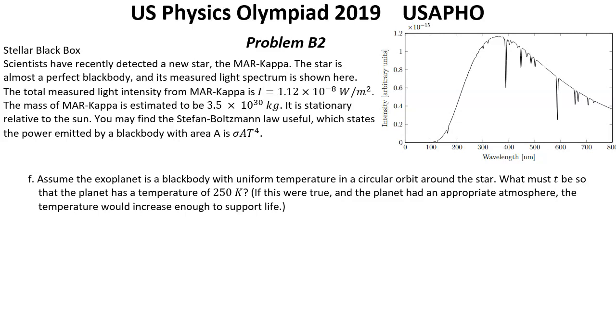Solution for question F. Suppose the planet is r away from the star. Then the power from the star absorbed by the planet is this one.